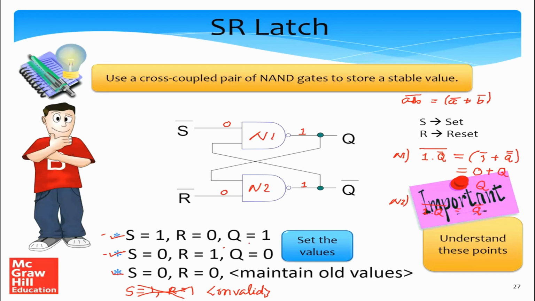There are only 4 combinations for S and R: 0 0, 0 1, 1 0, and 1 1. For all of these 4 combinations, work out the results the same way that I did and convince yourself that if S is 1, then essentially we set the value. If R is 1 and S is 0, we reset.